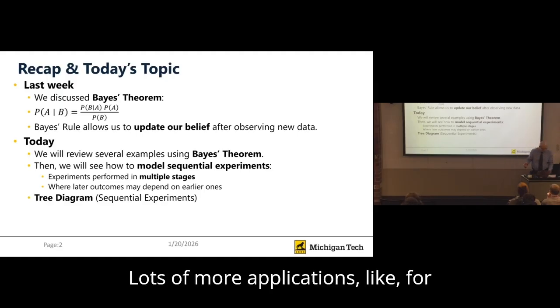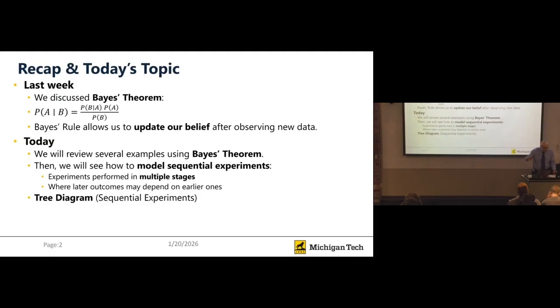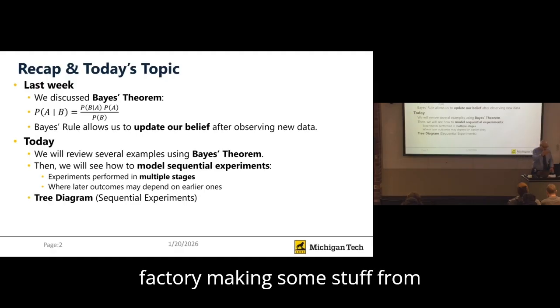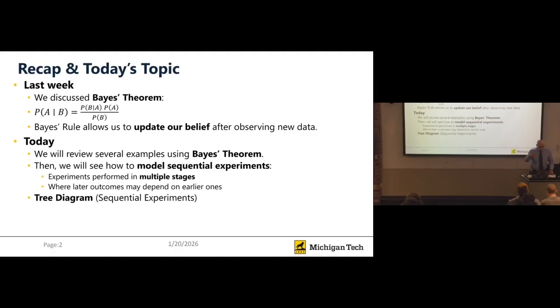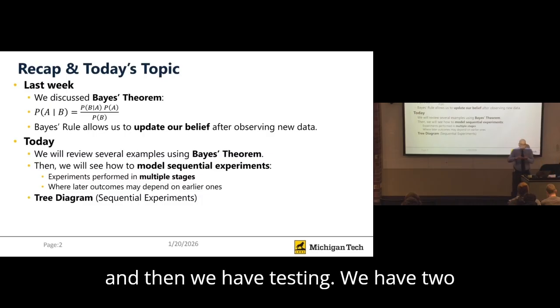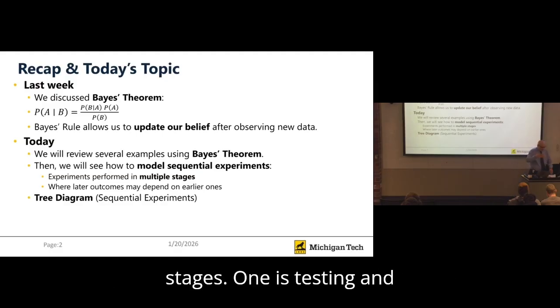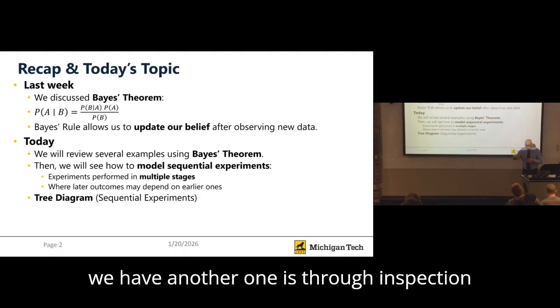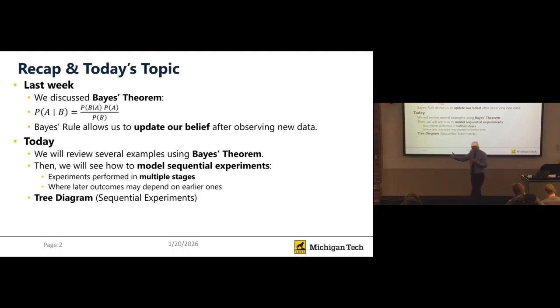Lots of more applications, like for example in a factory. Imagine you have a factory making some stuff, some food, for example, and for factories we have making stuff, and then we have testing. We have two stages. One is testing, and we have another one which is inspection at the end.